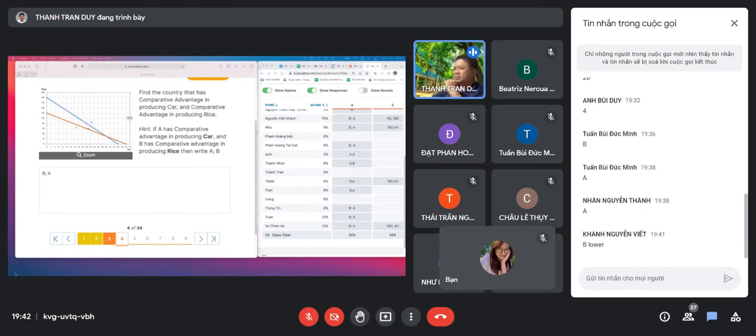Now, next, number 5. If a country fully specializes in producing the products in which it has comparative advantage, find the total output, total car and rice they can produce.